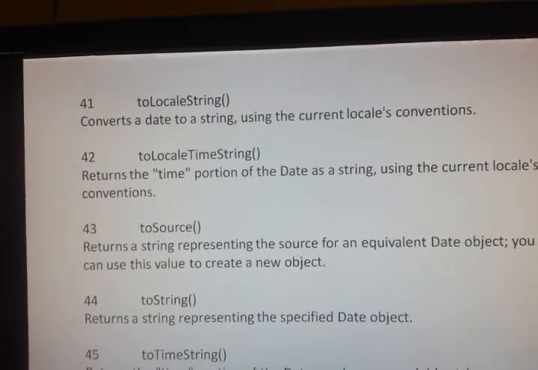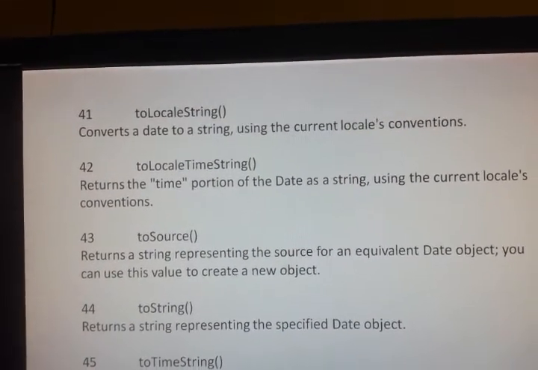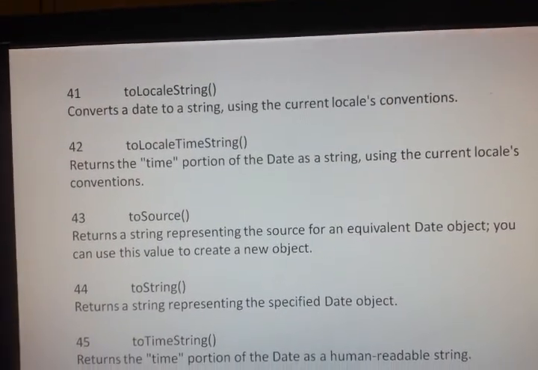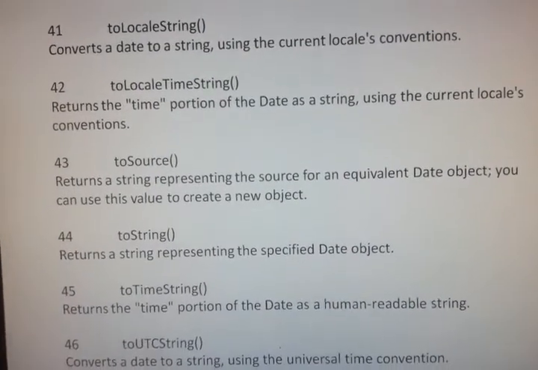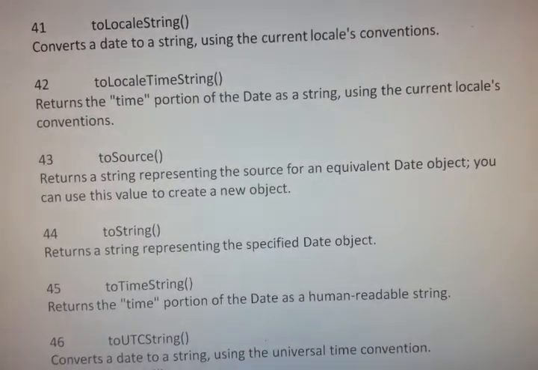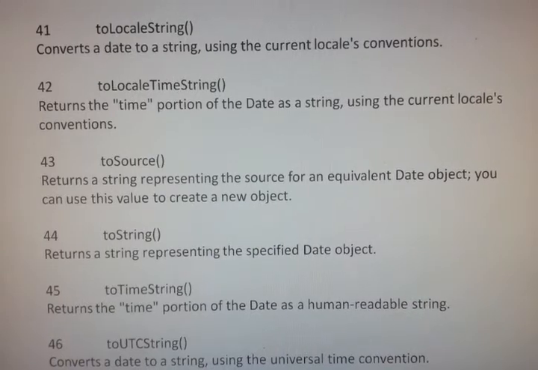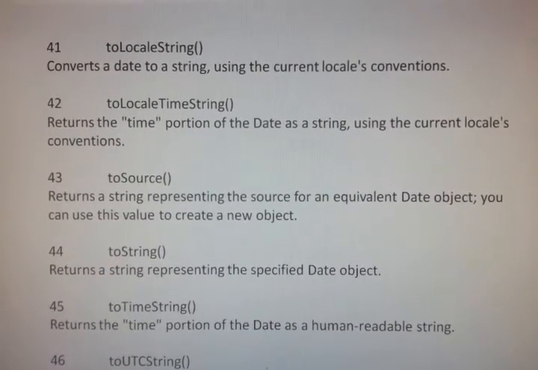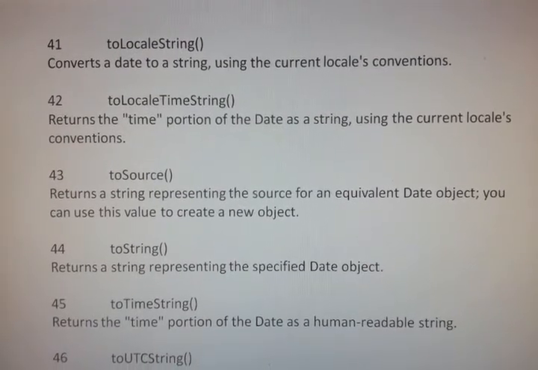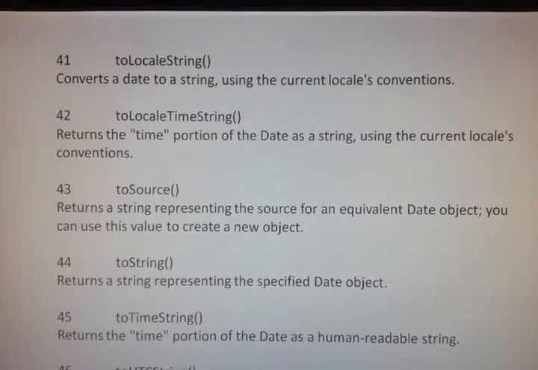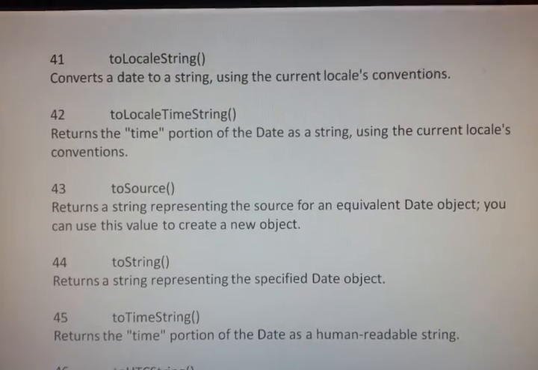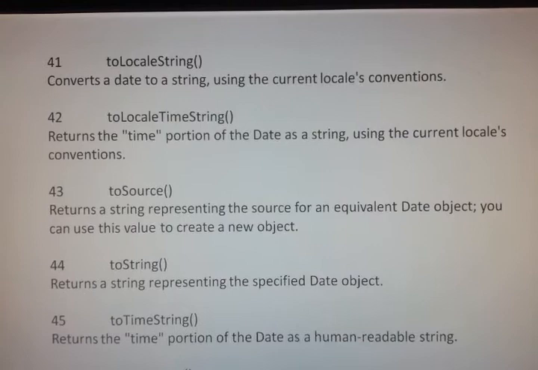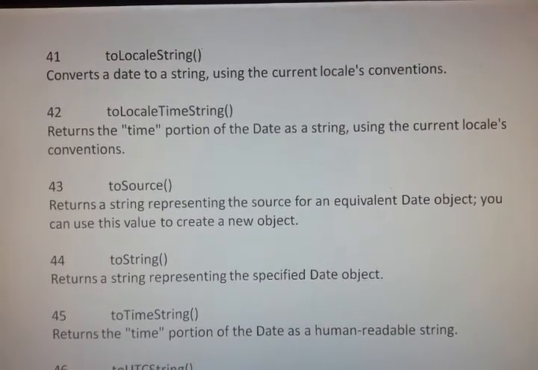It returns the time portion of the date as a string using the current local conventions. toSource method. It returns a string representing the source for an equivalent date object. We can use this value to create a new object. It returns a string based on the equivalent date object.